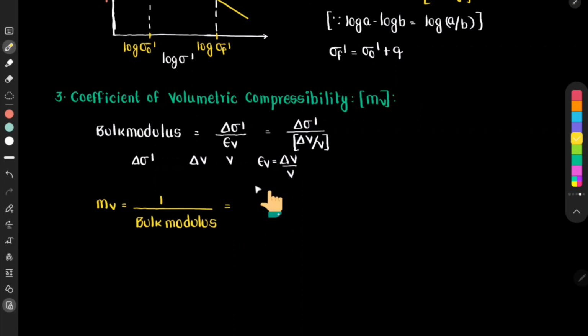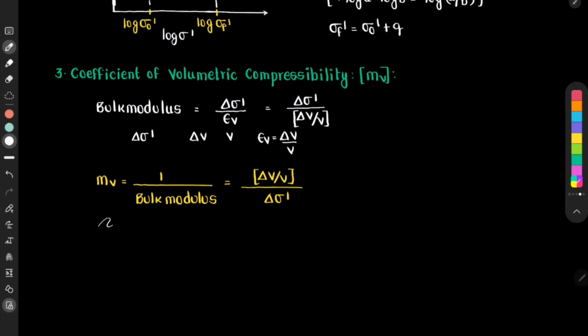So 1 by bulk modulus is delta V by V by delta sigma dash. What does it say? It says how much the volumetric strain is when the stress is increased by 1 unit, or the strain produced per unit increase in the effective stress.